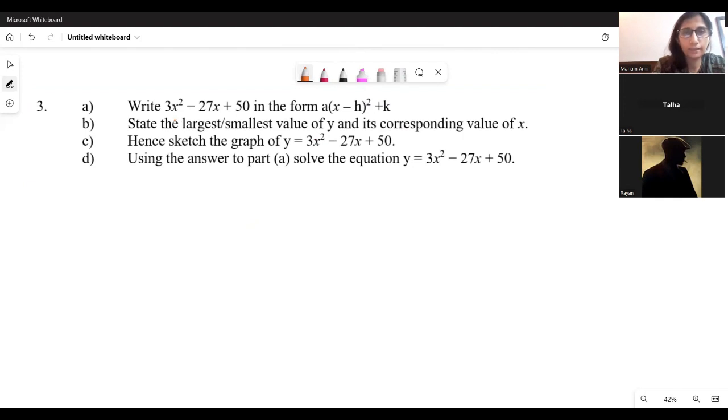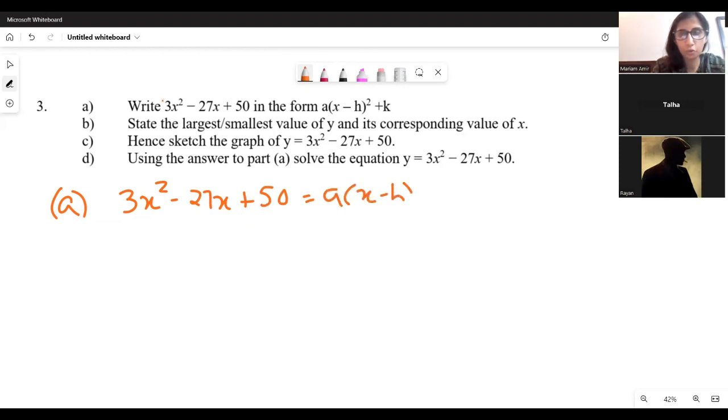Okay, so part A, 3x squared minus 27x plus 50 equals a(x minus h) whole squared plus k.